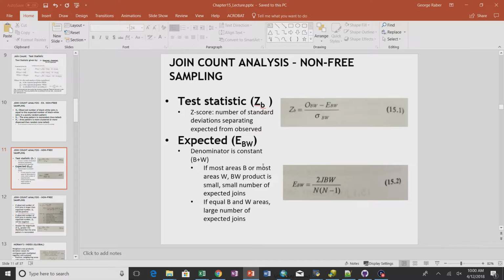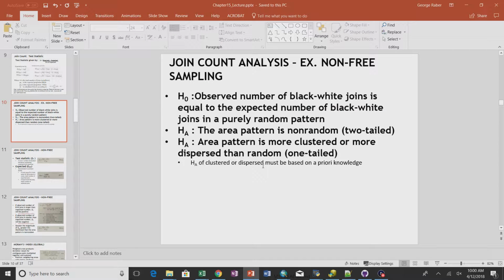Can you just go over the difference again between the non-free and free? Sure. So the main difference is that you have an expectation of the proportion of the two categories. Like you're testing to see not only is the pattern clustered or dispersed, but if it definitely is like an 80-20 split.